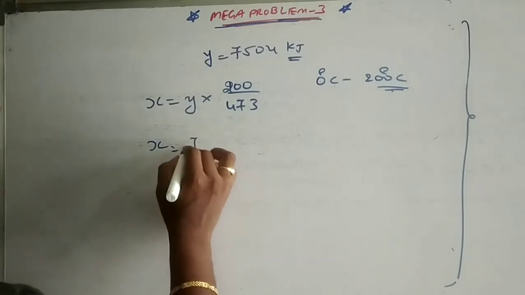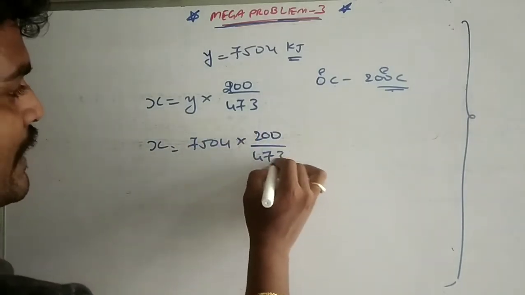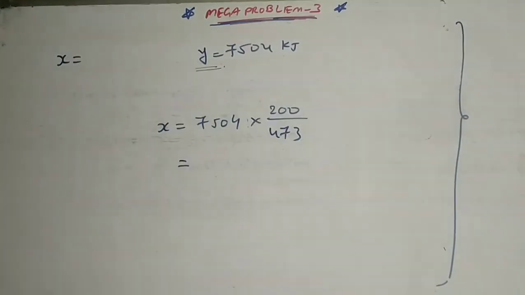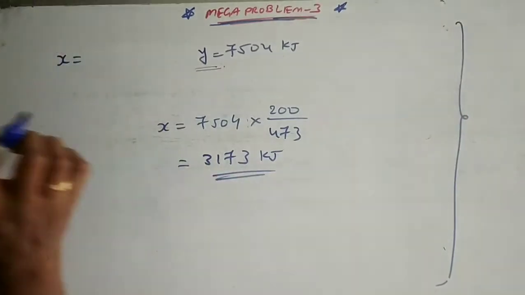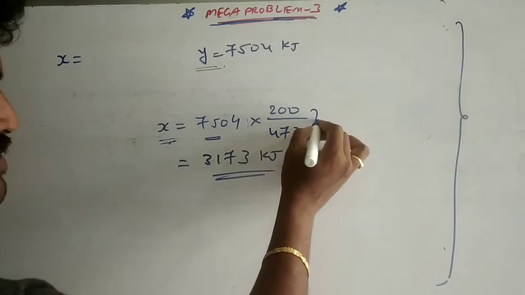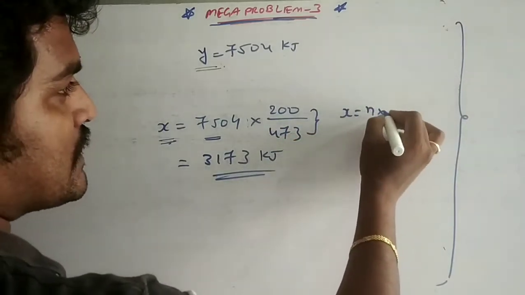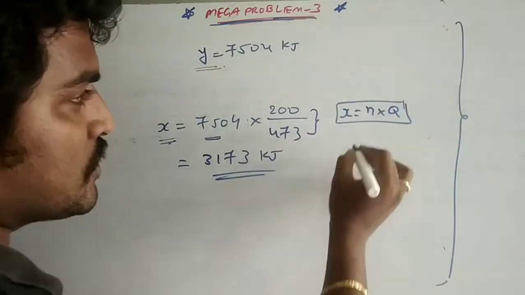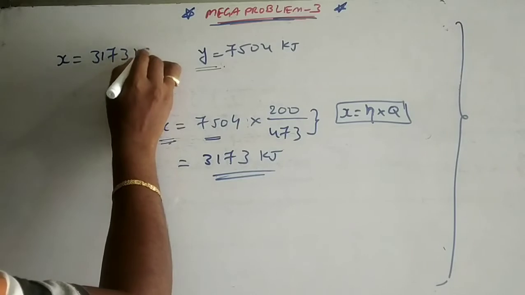So X equals 7504 into 200 by 470. This will be 3173 kilojoules. You know very well, work done equals thermodynamic efficiency into heat supplied. So that's why it will become 3173 kilojoules.